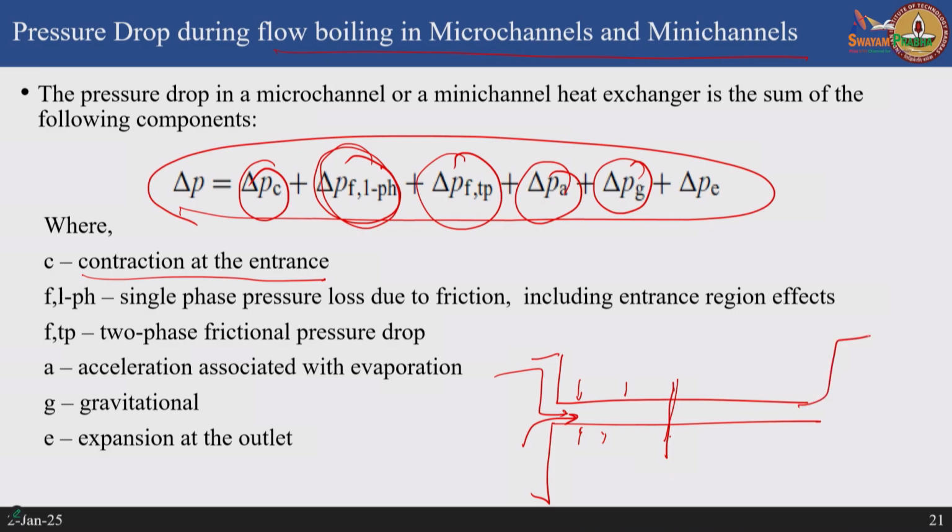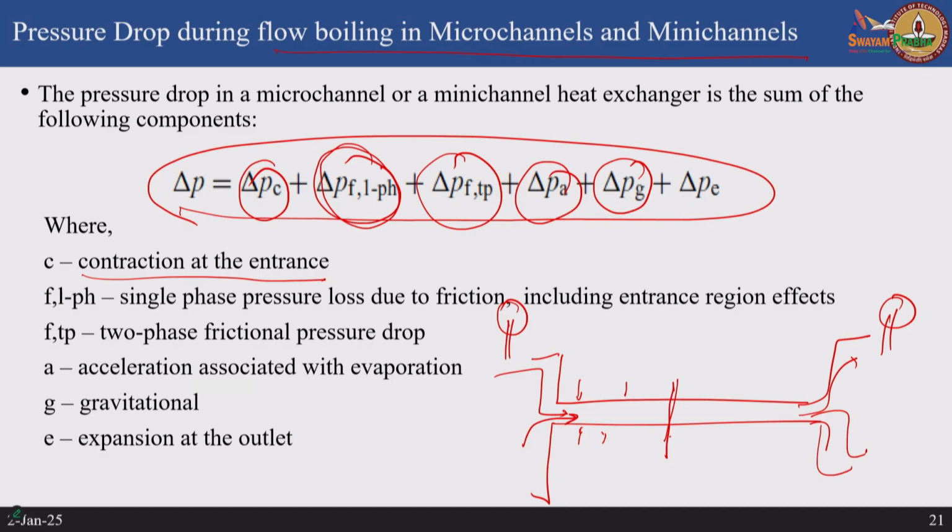Finally the flow has to come out again through a very large header, so this manifold will be very large, and again there will be a large expansion loss. Therefore, when you are measuring the pressure, usually we put a pressure tapping at the inlet header and the outlet header. When we measure this pressure loss in an experiment and want to compare it with the theoretical model, this pressure loss will include all these losses.